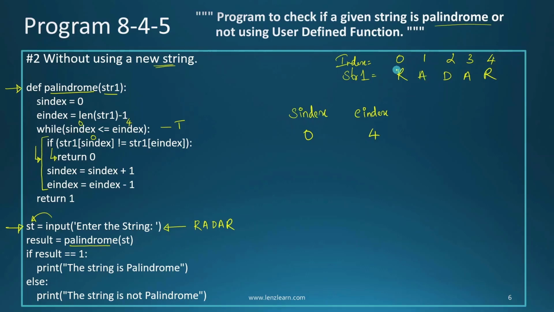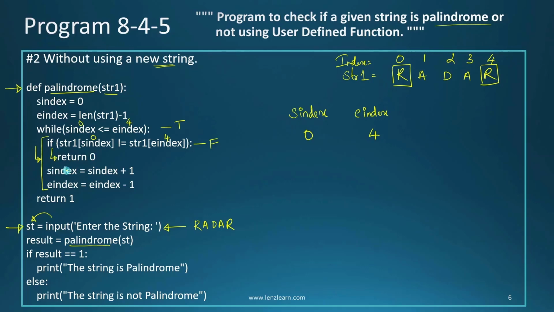So I am checking whether this character, str1 of 0, is not equal to str1 of 4, because end index is 4. But you can see they are equal. So this condition will be false, so I will not return. If you return 0, then you will print it's not a palindrome, right? But as these two characters are the same, we still have a chance. We cannot say it's not a palindrome. So I will not execute return 0.